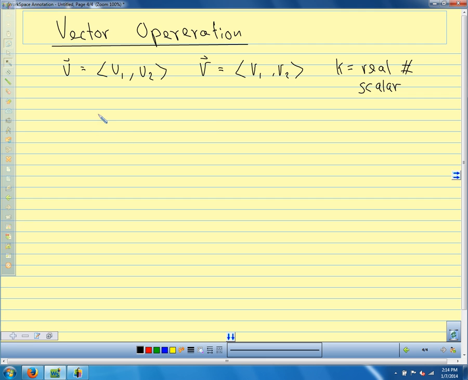To add vectors, all we're going to do is add their components. That's all we need to do to add 2 vectors.